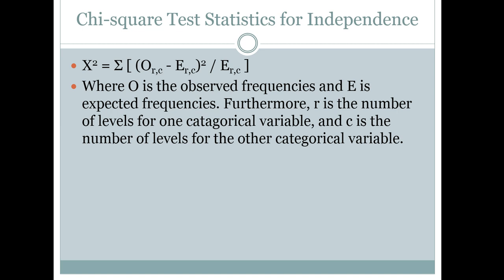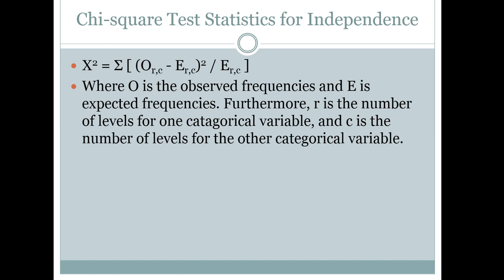So you just need to consider the levels of the categorical variable from one sample, and multiply it with the number of levels for the other categorical variable.